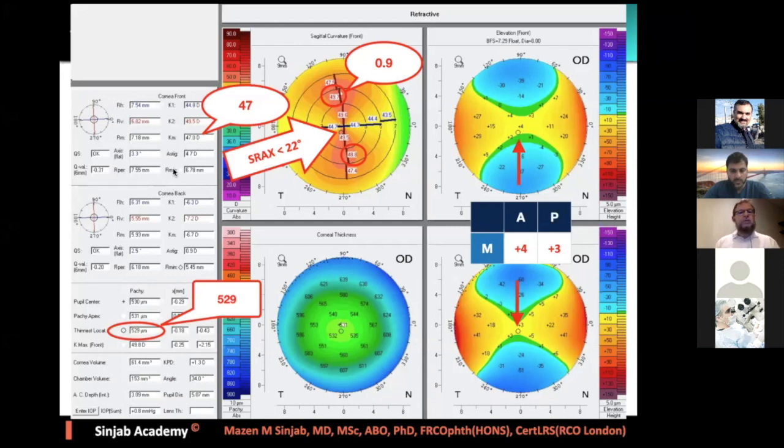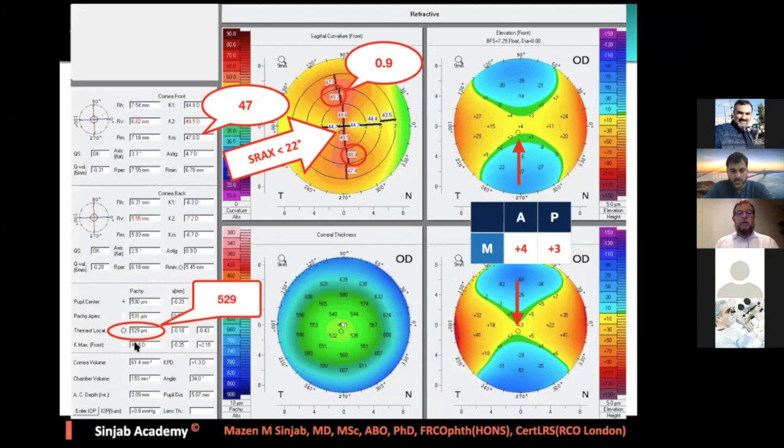Now, this is a case, of course, of high astigmatism. Look at the astigmatism on the anterior corneal surface. It is 4.7, and for the posterior corneal surface, it is 0.9. So if you want to implant IOL, especially if it is toric IOL or premium IOL, we have to take into consideration this posterior astigmatism to avoid any surprises.